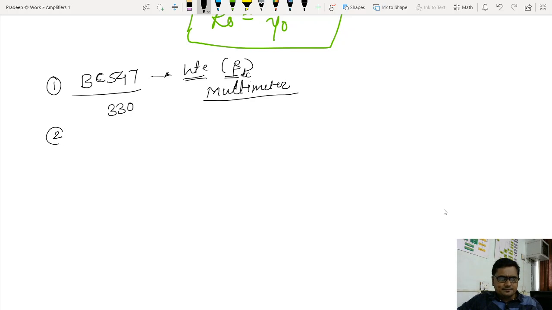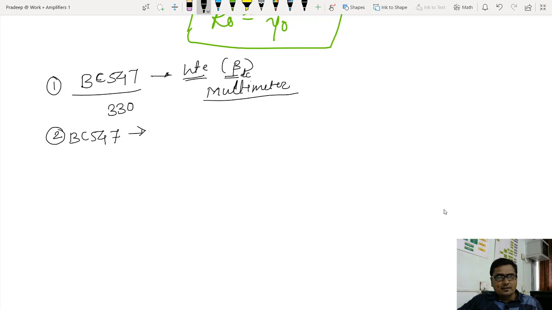Second time, I kept this transistor aside and took another BC547, with the same fabrication, same model, same company. I insert this second BC547 into the multimeter slot and check HFE or beta.